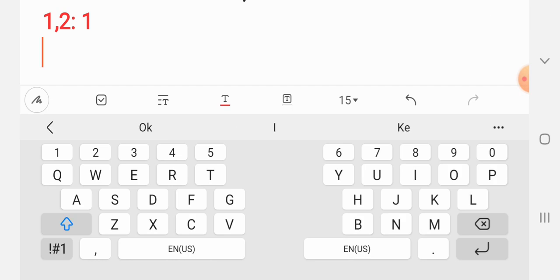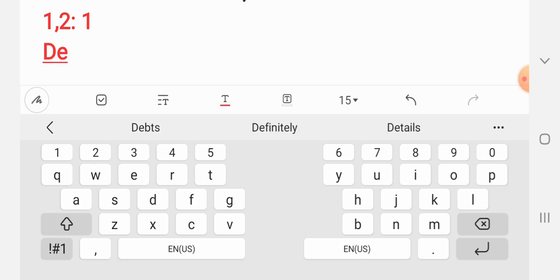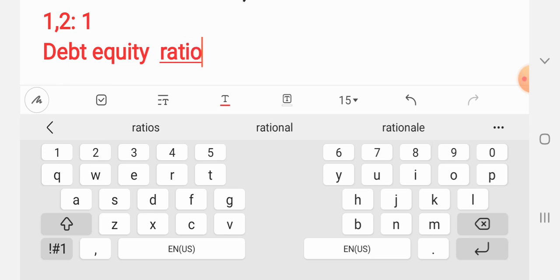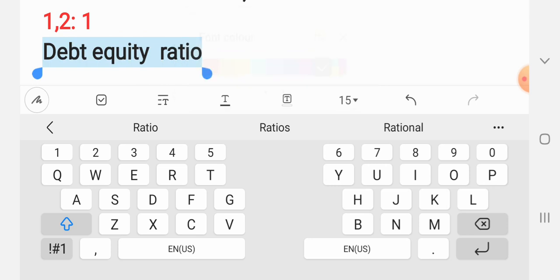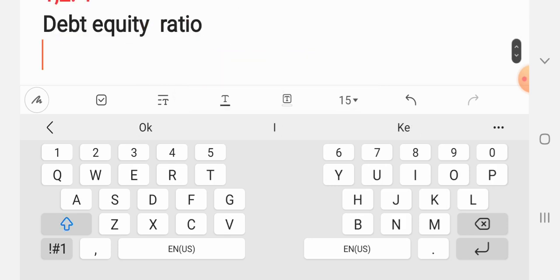And then the next one we're going to do is debt equity ratio. Yeah, so this is the second one. Let me just change the color to black. We only write final answers in that color.